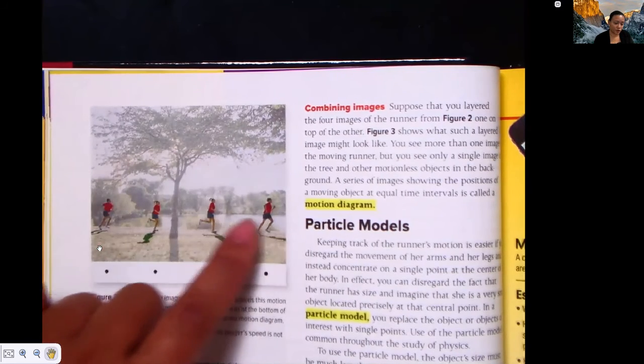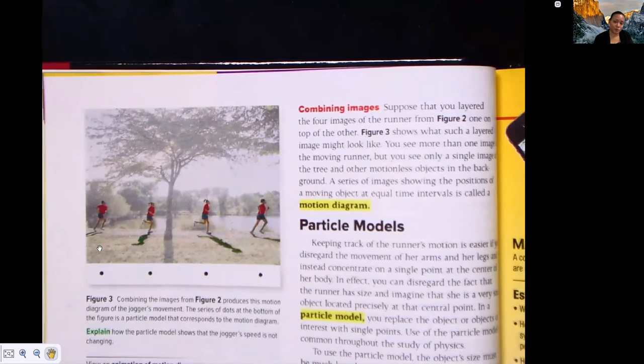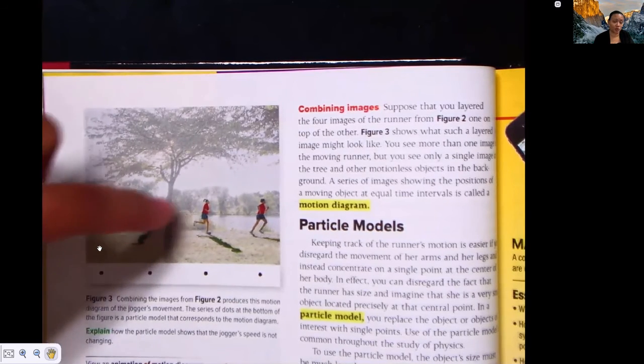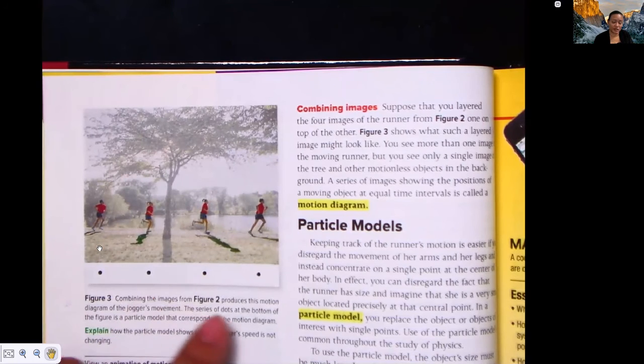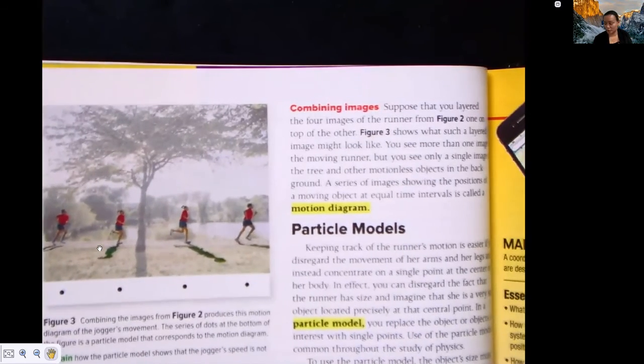The next term you have on your paper is a particle model. This is a type of motion diagram, but rather than having images of the actual object, you have dots to represent that object. So that would be a particle model. It is a type of motion diagram that uses dots to represent the object that you are focused on.